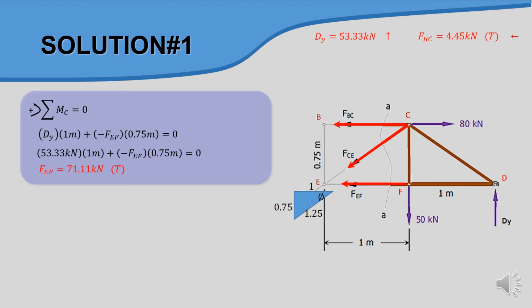The first one is from DY, and the second one is from FEF. All the rest of the forces pass through point C, so we will eliminate them. Finally, we get the value of FEF equal to 71.11 kilonewton.